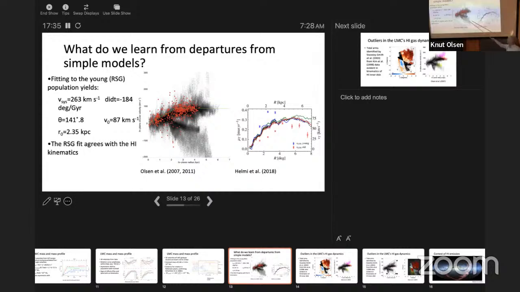But there are parts of the gas that clearly don't follow that rotation curve and violate that assumption of disk-like rotation in the plane of the LMC. And this rotation curve that we derived agrees quite well with what you get from proper motions from Gaia.